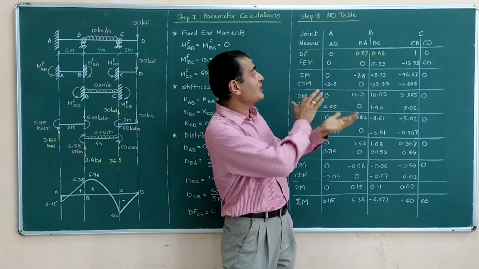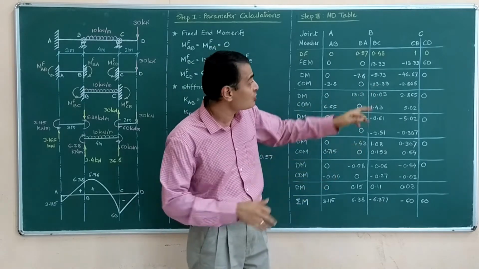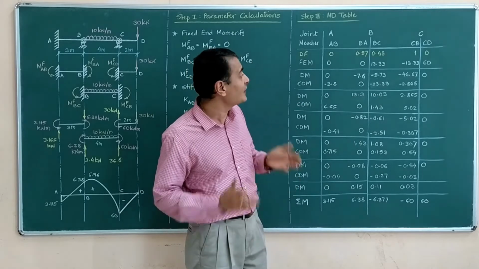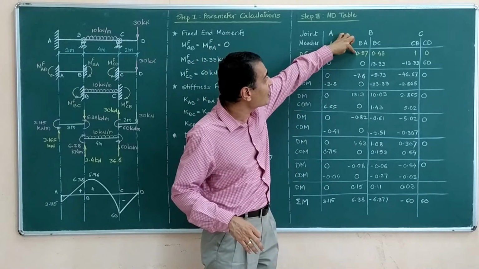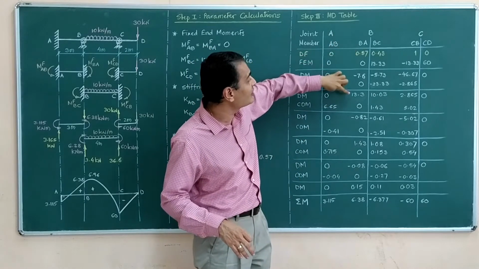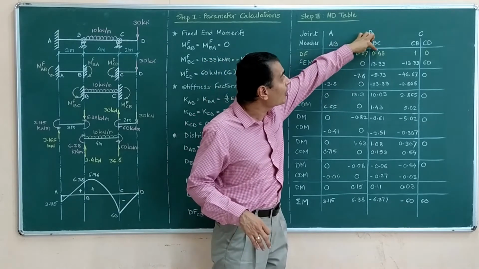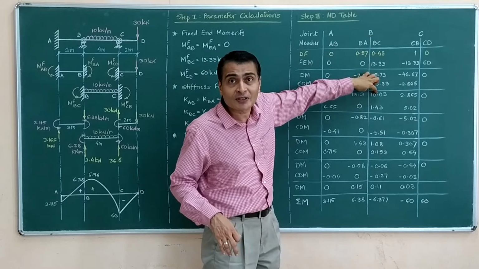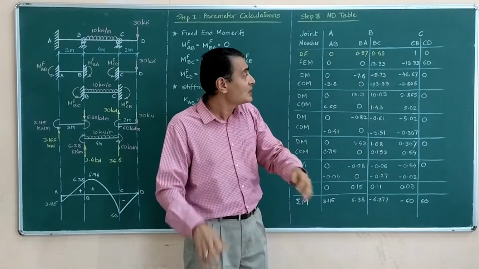Again I see that there is imbalance here. So I apply 23.33 positive because this is negative. I apply to balance it 23.33. It gets distributed as 0.57 into 23.33 means 13.3, 0.43 into 23.33 means 10.03. That is my distribution.